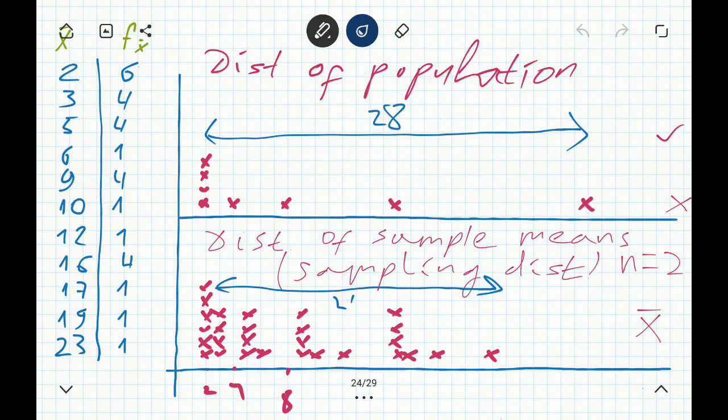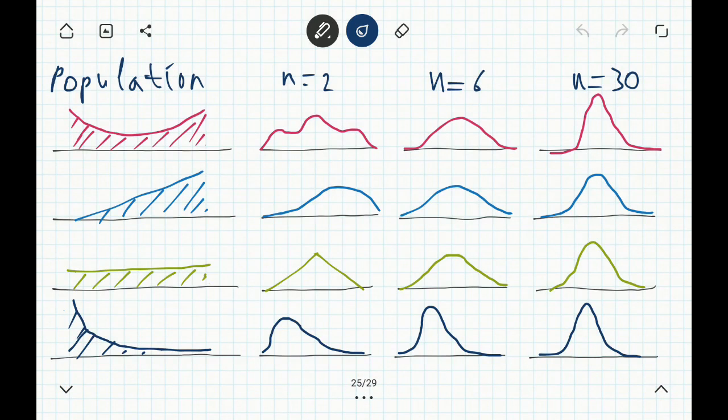No matter what is the initial data distribution, your sampling distribution will always be concentrated around the population mean, and moreover, the larger samples you draw, the more close will it become to a normal distribution.